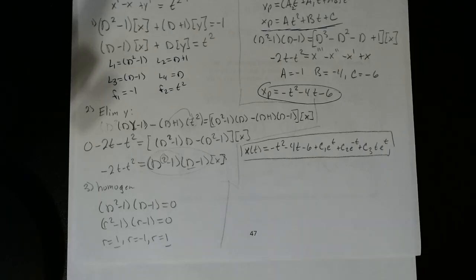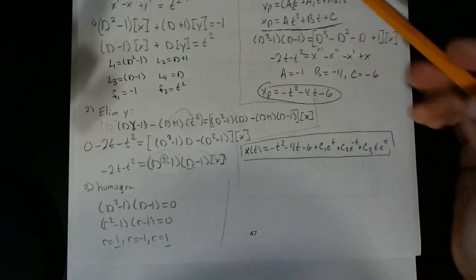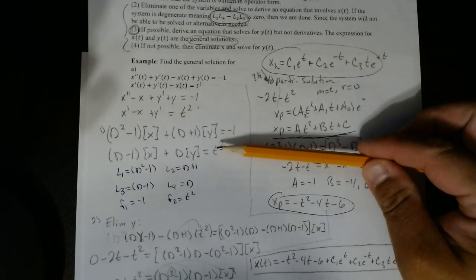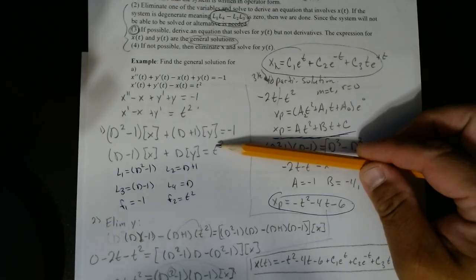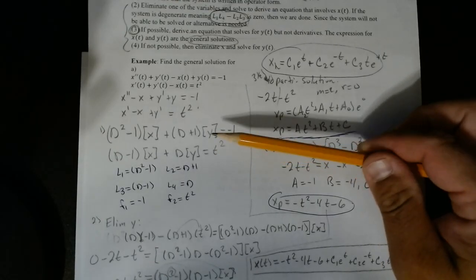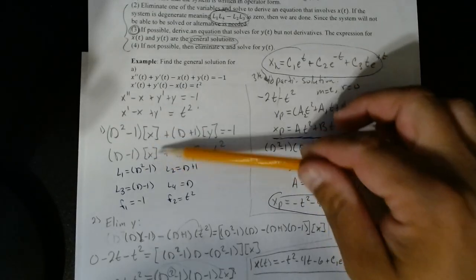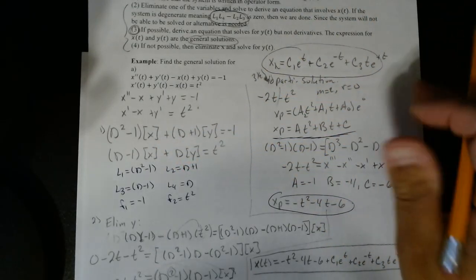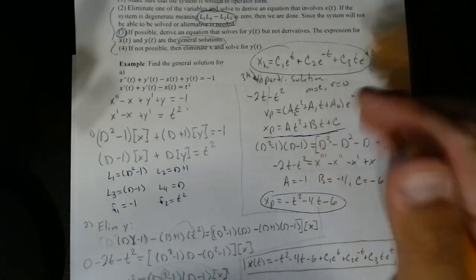Okay. Now, to get the other part of the answers, we go back to here. And now we just want to solve for y, or in other words, eliminate the x variables, right, in such a way. Okay. So this goes back to just solving for a system, or if you want, you could just use this portion.